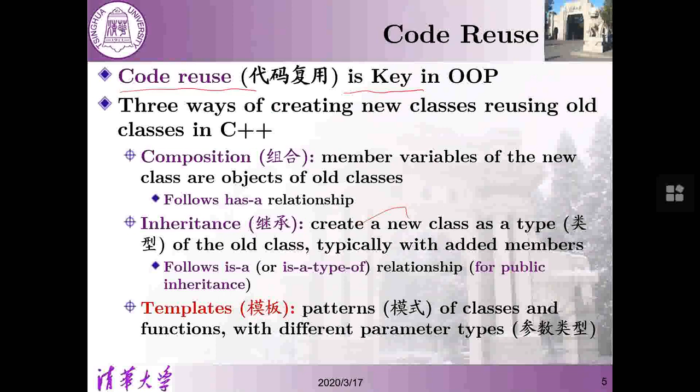Code reuse is the key, because we have learned classes, right? We use classes to define different objects with different values. So this is also code reuse. And now we learn something more effective in code reuse.